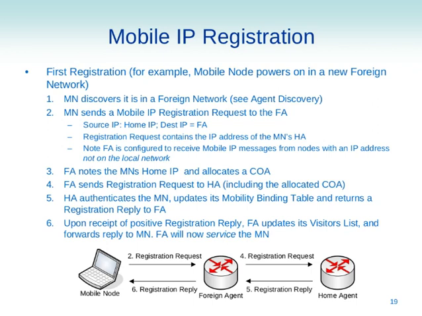Once we do that, once I know I'm in a foreign network and I know the foreign agent, there's a special mobile IP registration request, a special type of packet that we send, and we see the steps. We send the registration request to the foreign agent, saying I want to join your network.